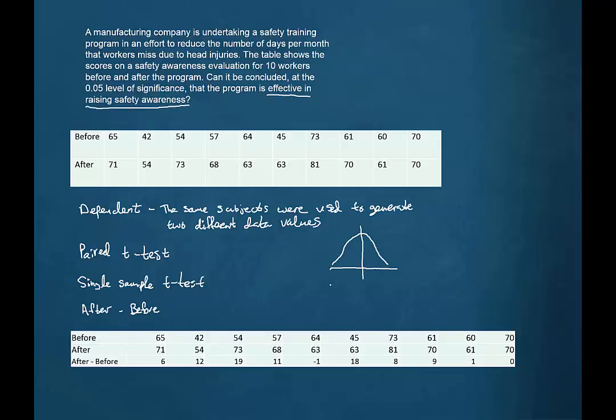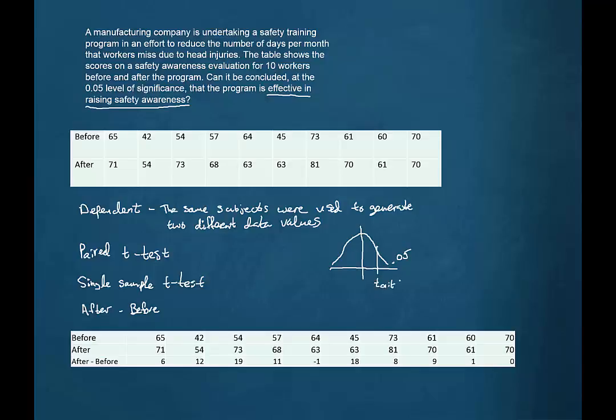So if it's effective, then we would expect the after values to be greater than the before values, which means that this would be a positive difference. So we would expect a right-tailed test in this case. Our significance level is 0.05, so all of that would be concentrated into the upper tail.